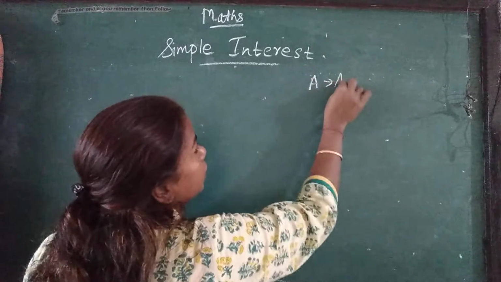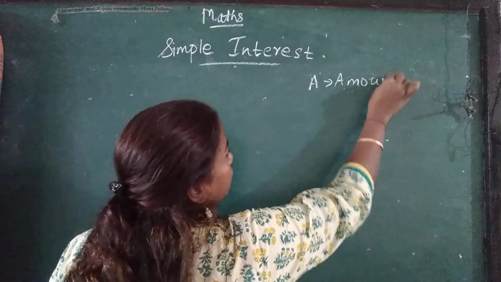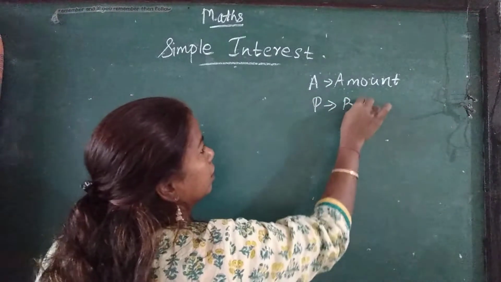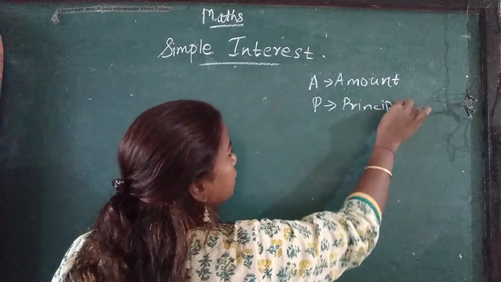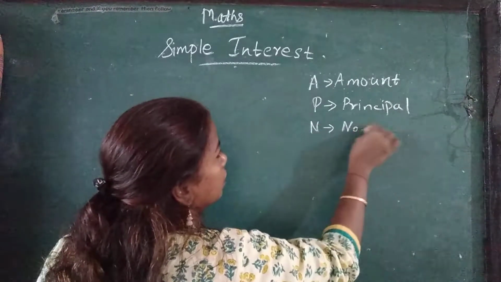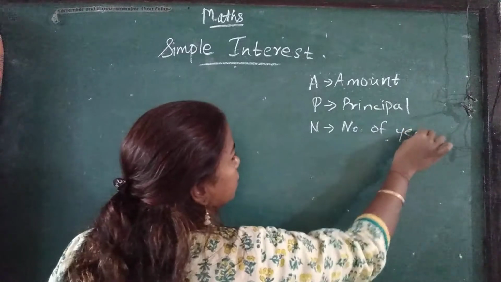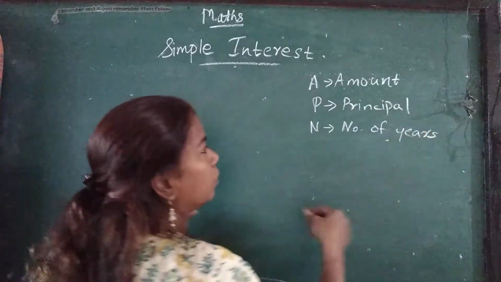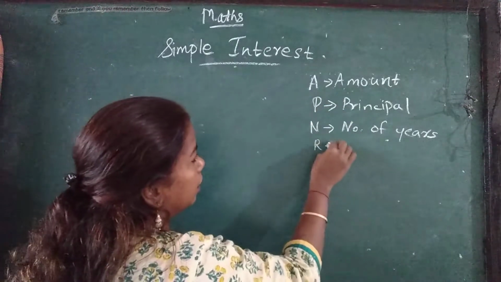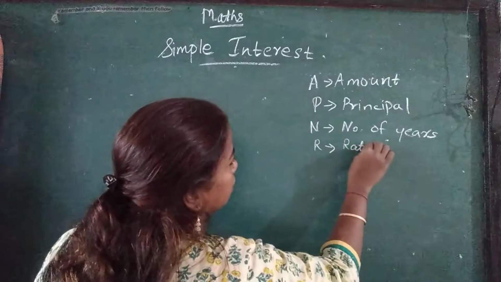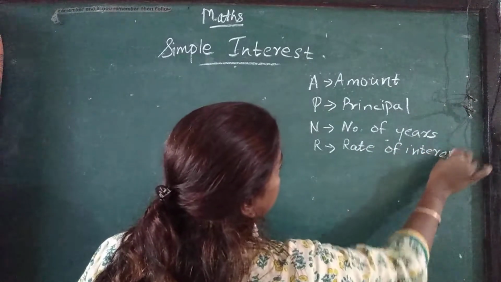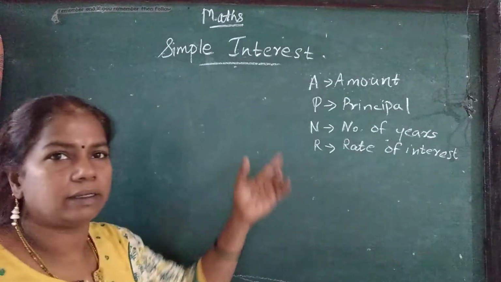A stands for amount. P stands for principal. N stands for number of years or months, whatever the question suggests. R stands for rate of interest. These are the terms.